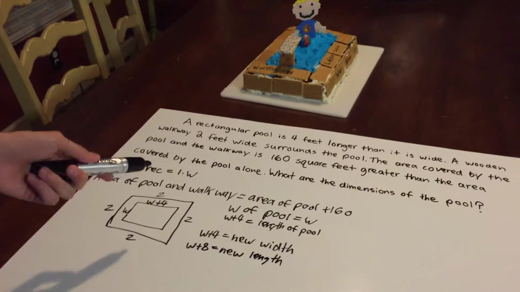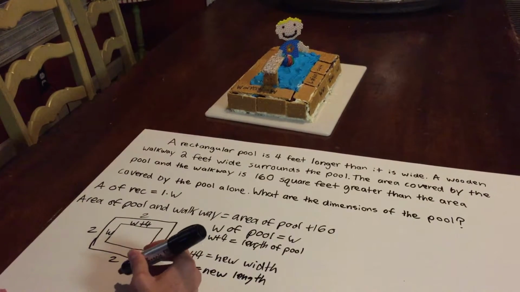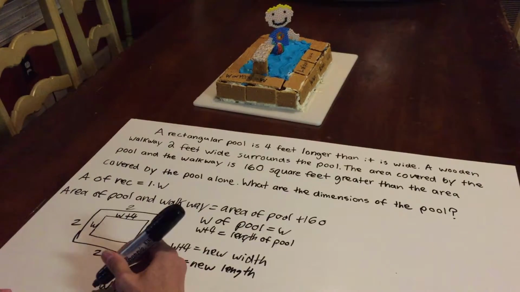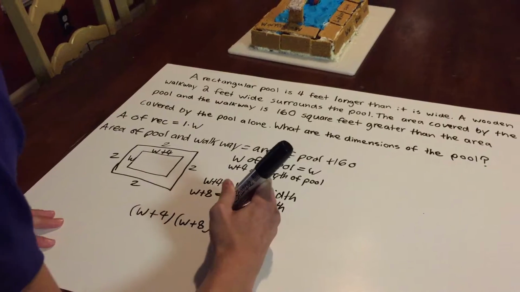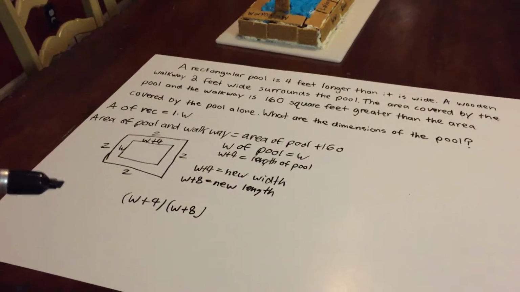The area of the pool and walkway equals the area of the pool plus 160. So the area of the pool and walkway equals W plus 4 times W plus 8, because from before we know that we find the area of a rectangle by length times width.